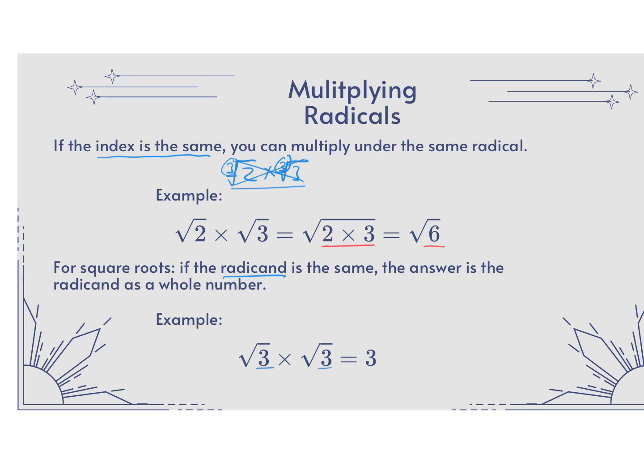So if I have a radical 3 times a radical 3, this radicand matches, and it's a square root, it's just going to be that number outside of the radical. All right, and that's always going to be the case. You could do what we did up here and do the square root of 3 times 3, which is the square root of 9, but hopefully from here you recognize that the square root of 9 is just 3. All right, so just some things to make the math in future problems easier.